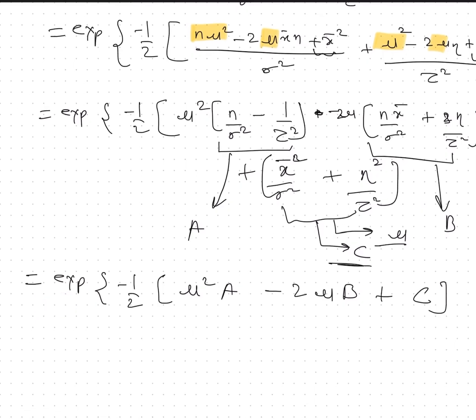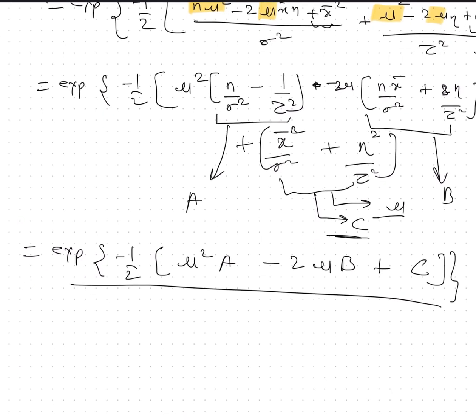Now can we arrange this whole term to resemble the likelihood of a normal distribution? Yes, we can rearrange this. I will try to reframe this as a proper square.